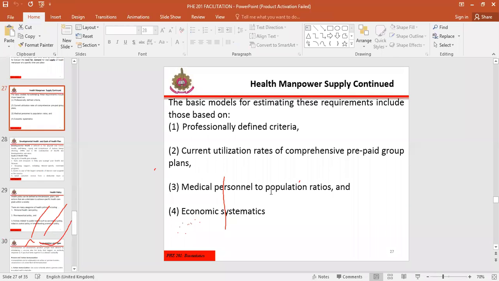There are some basic models for estimating these requirements, and these include the professionally defined criteria, the current utilization rate of comprehensive prepaid group plans, medical personnel to population ratios, and economic systematics.